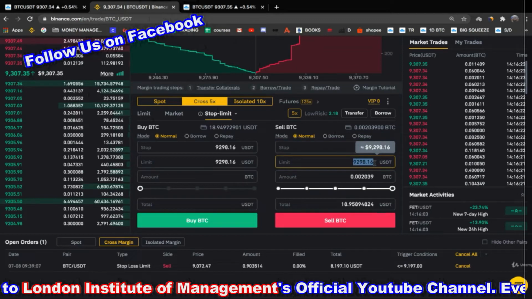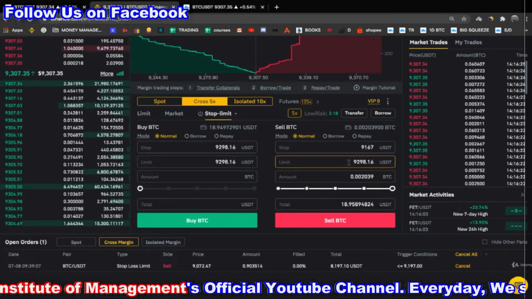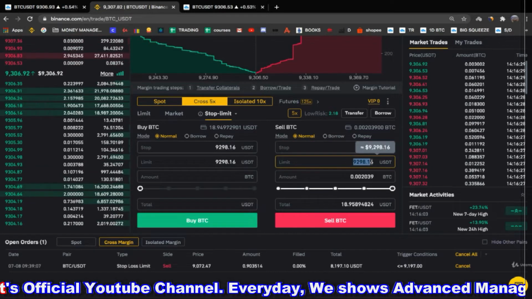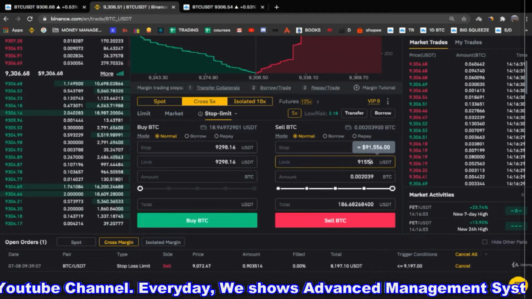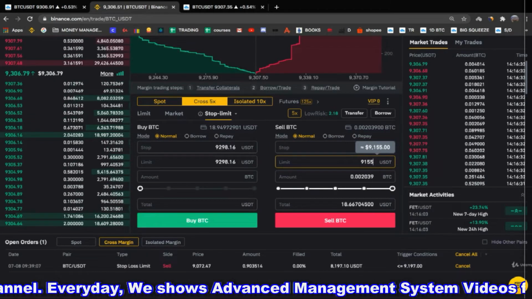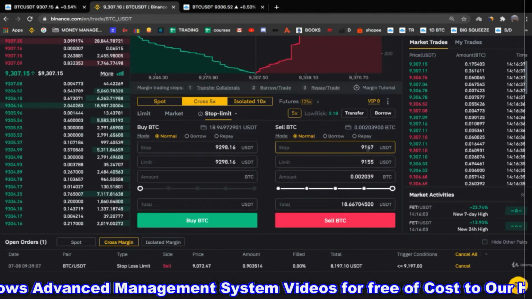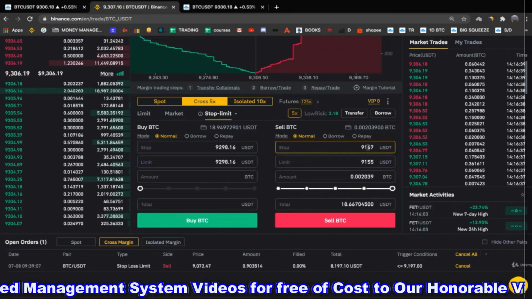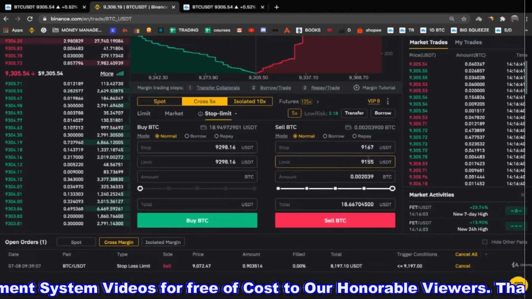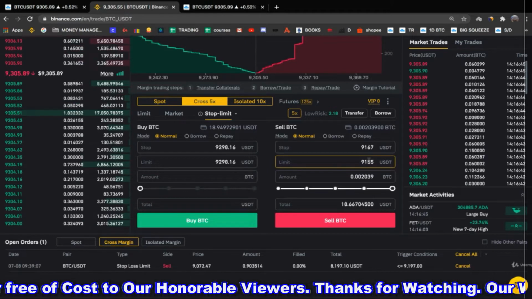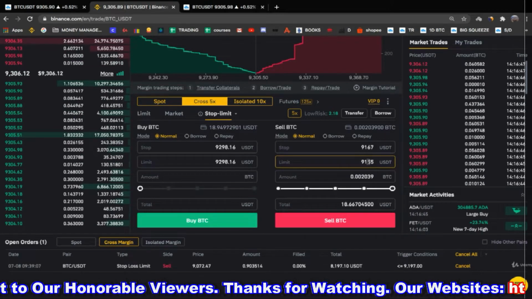So what I advise you to do is to set a little bit lower price here than this trigger price. So let's say you can put here 9,155. So what will happen in this case is when the price reaches this level, an order will be triggered on the exchange to sell Bitcoin at 9,155.